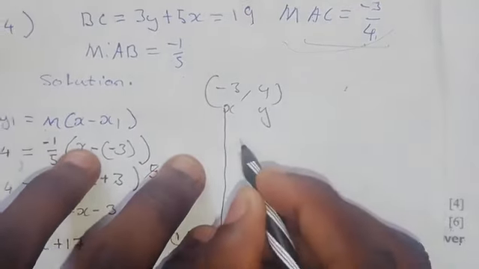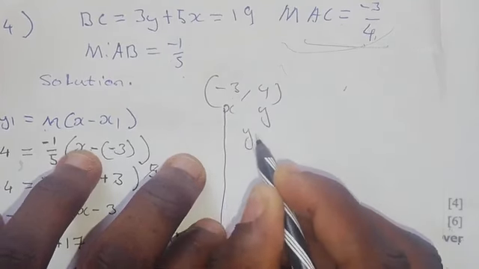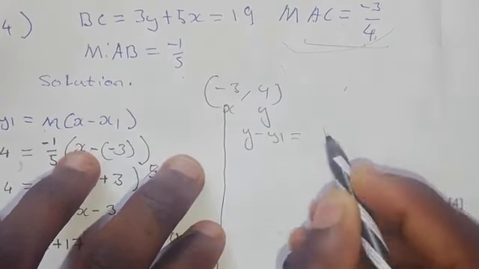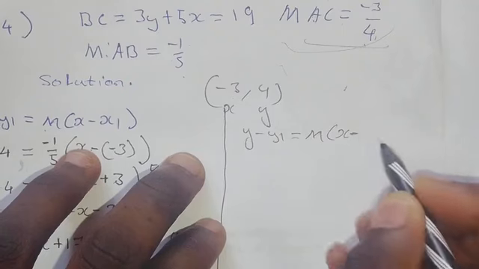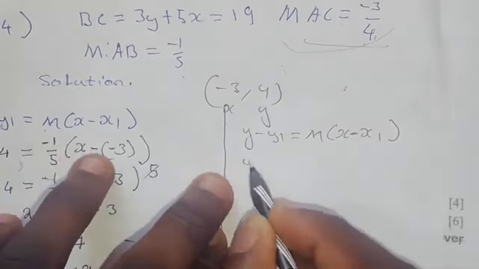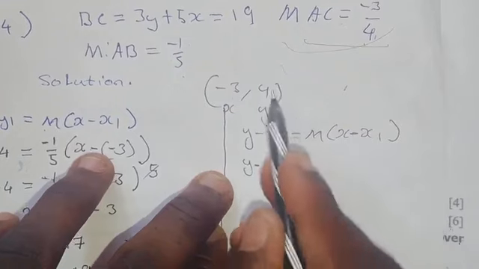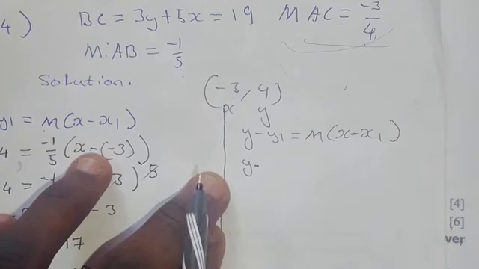You know that the equation of a straight line is given by the formula y minus y1 is equals to m times x minus x1. So we have y minus our y1, which is 4. Remember, I said that coordinates are written in the form x comma y, so the first one is x, the second one is y.